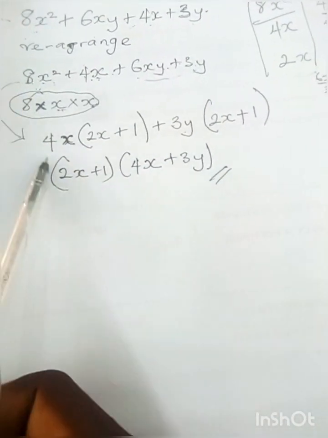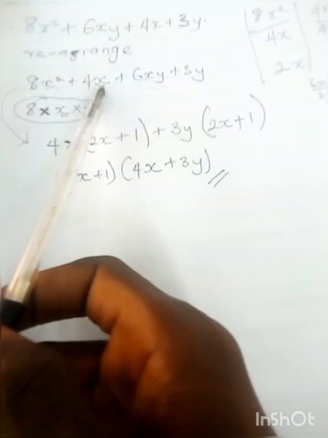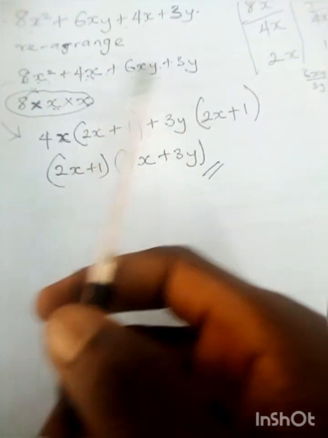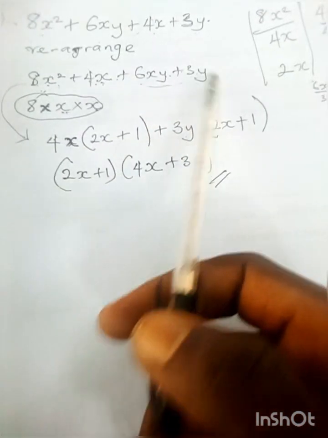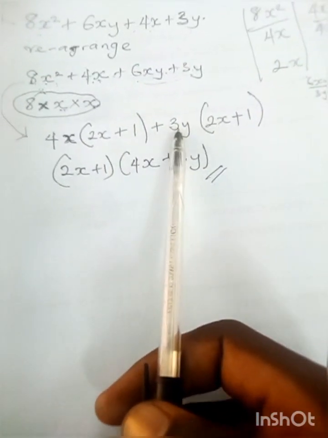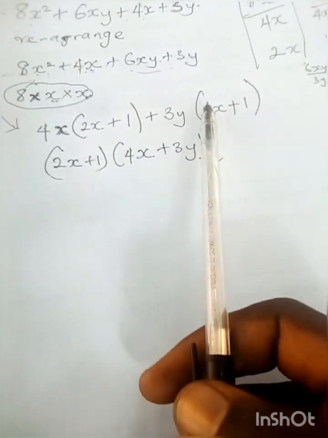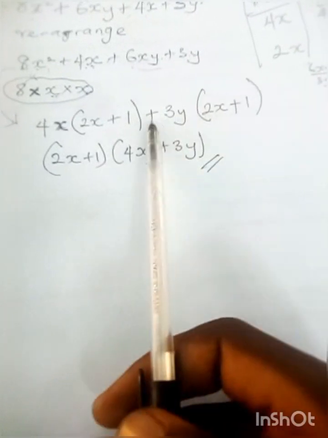If 4x goes into 8x squared it will give you just 2x. Now 4x by 4x will give you a plus 1. Then plus is common, 3 is common, and y is common, so we now have plus 3y. Now 6xy divided by 3y will give you 2x.